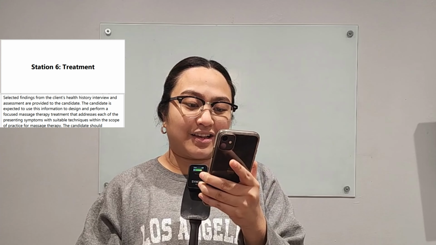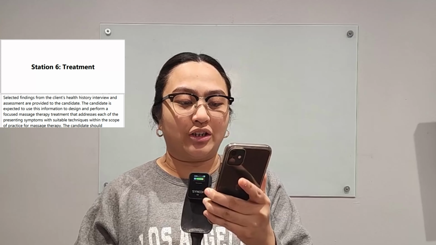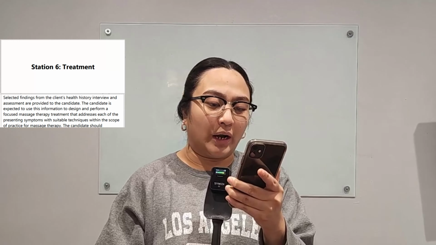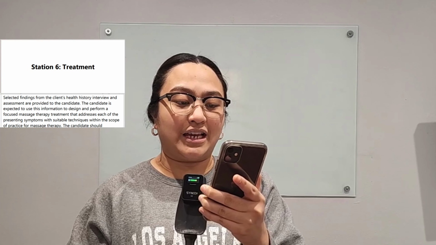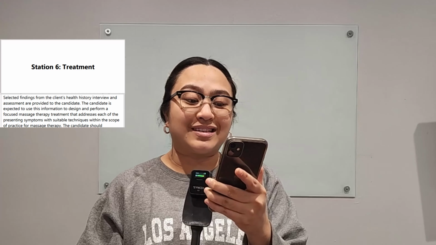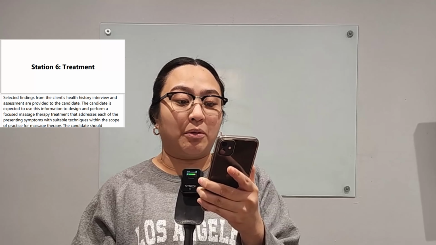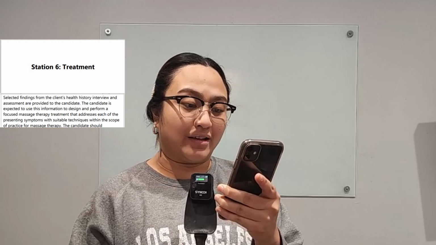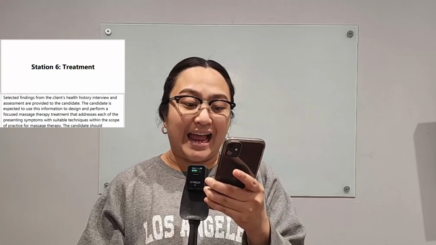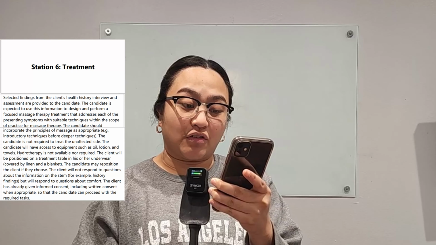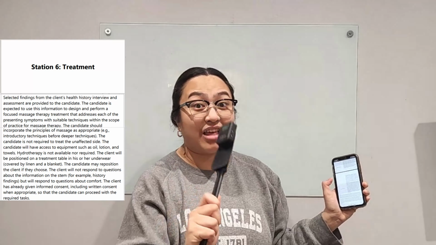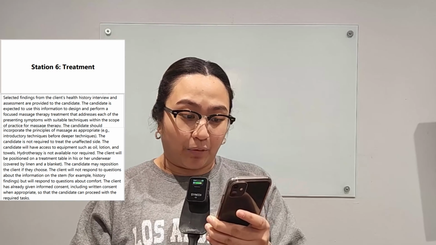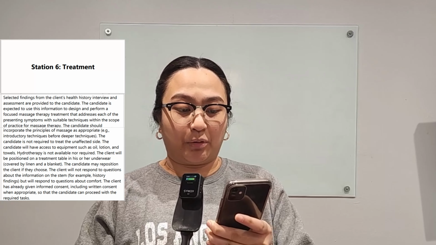Then the candidate is expected to use the information to design and perform a focused massage therapy treatment that addresses each of the presenting symptoms with suitable techniques within the scope of practice for massage therapy. The candidate should incorporate the principles of massage. Again, principles of massage. That is important. For example, introductory techniques before deeper techniques.